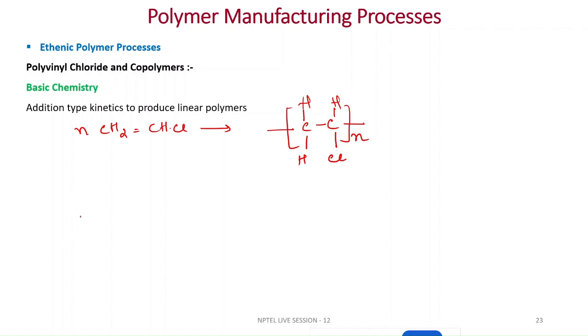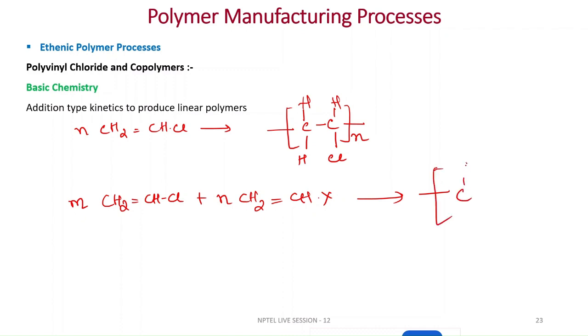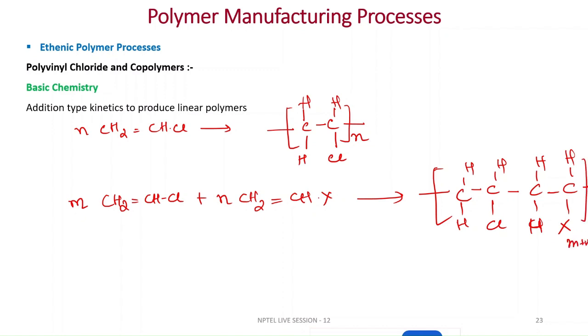And other kinds of reactions: suppose n number of this vinyl chloride reacts with n number of CH2CH, and it will form this kind of structure with Cl, and here an X group, and it will be m plus n.